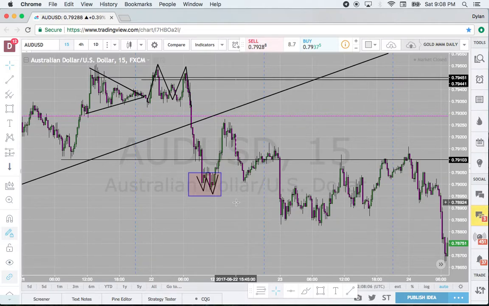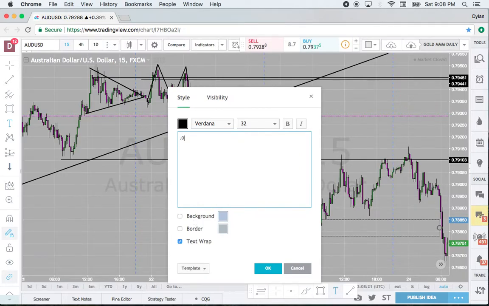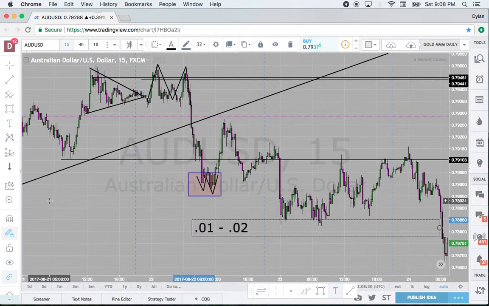So if you have, let's say, a $1,000 account, I believe the max will be 0.01 to 0.02 depending on your leverage of your broker.